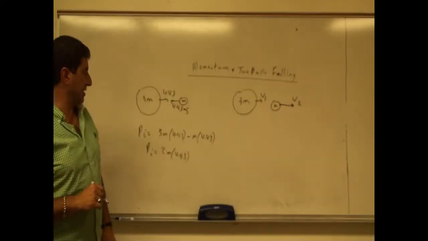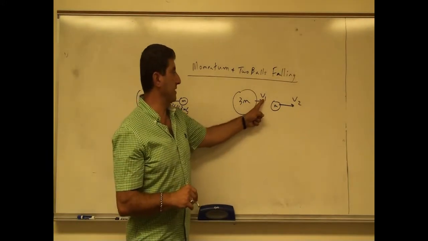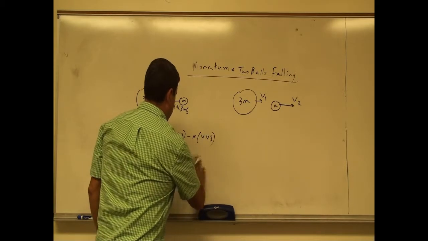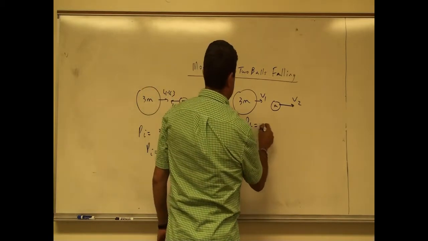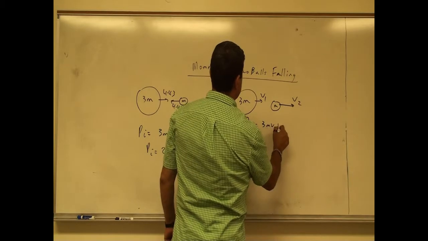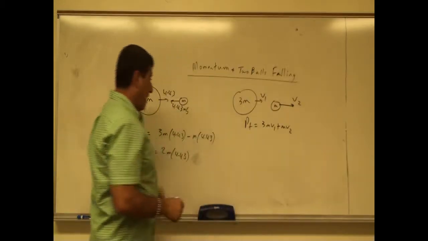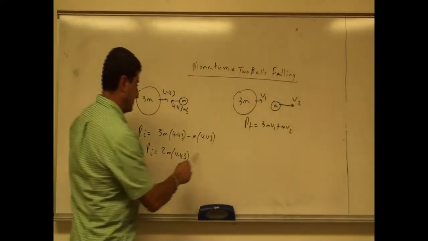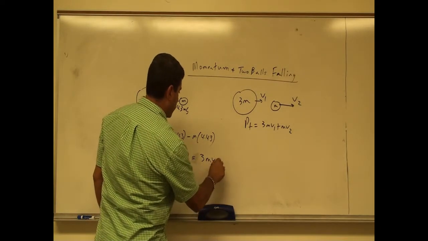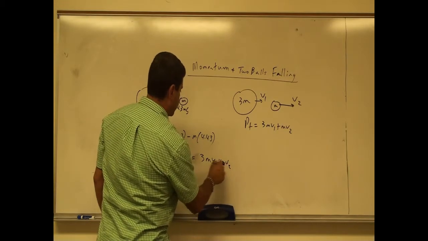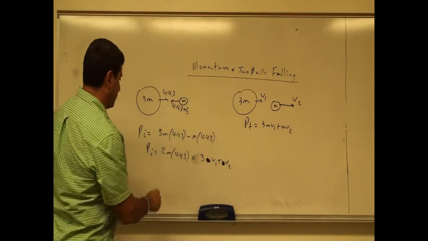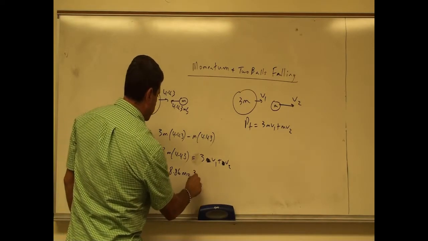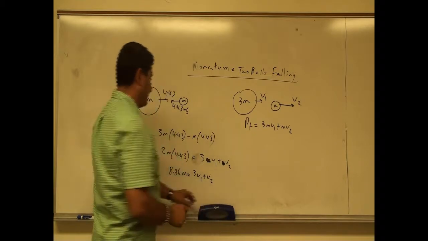So the final momentum is 3mv1 plus mv2. Let's put that here: P final is 3mv1 plus mv2. We set that equal to 2m times 4.43, and then the m's cancel, so we have 8.86 equals 3v1 plus v2.